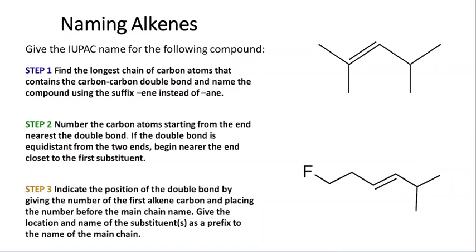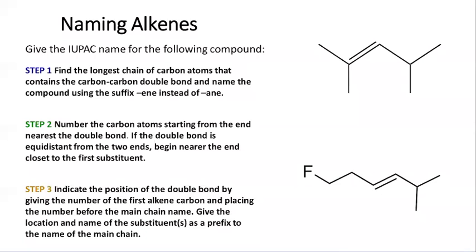Then understand that if you happen to have an alkene that is equidistant, like the second example that we have here, we have to number it from the end that is nearest a substituent.